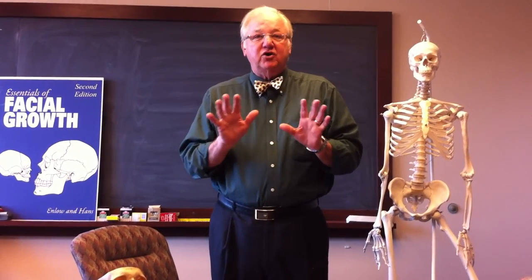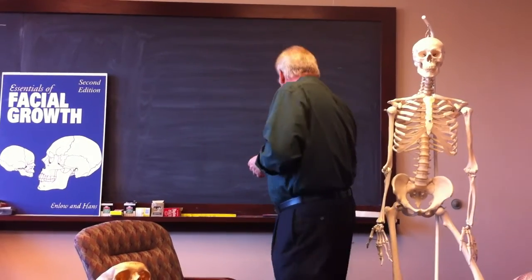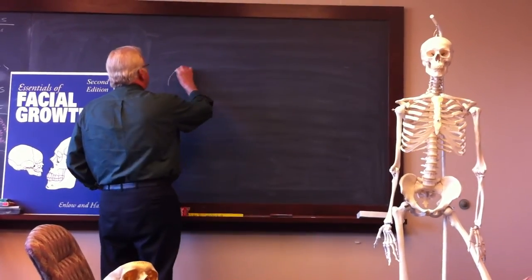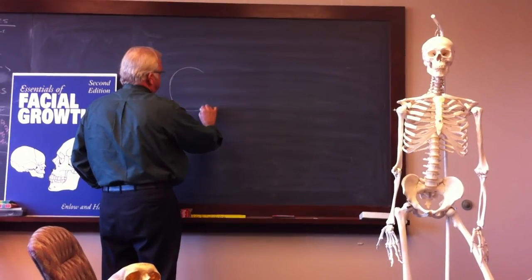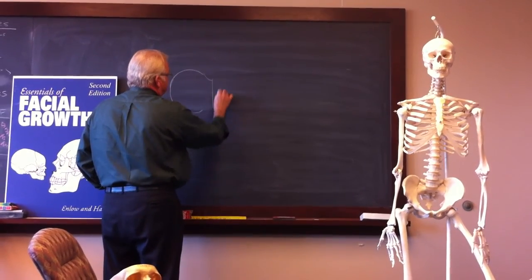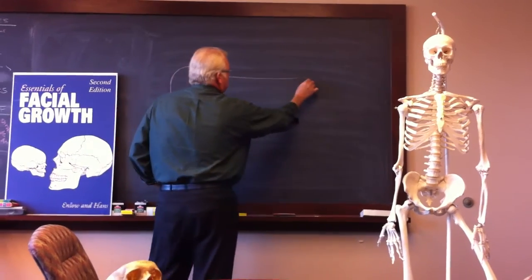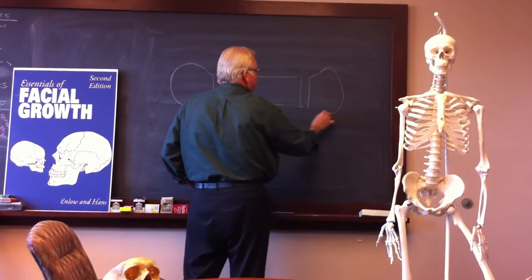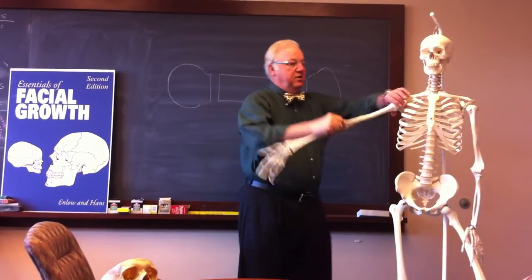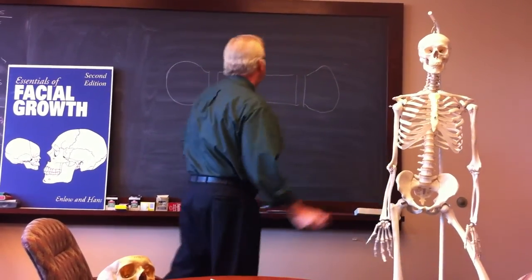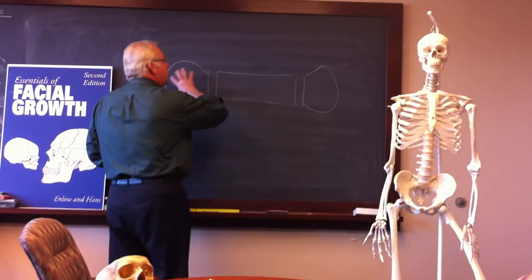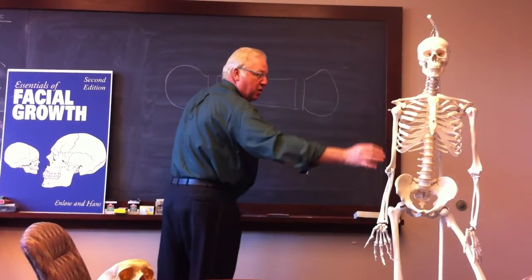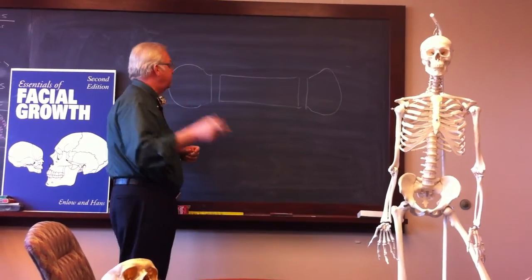Let's look at the structure of these tissues. Go over to the board here. I'm going to talk about the simplest situation, which is just a long bone. So we take a long bone, such as the humerus here. And in the growing person, each one of these bones is actually 3 bones.